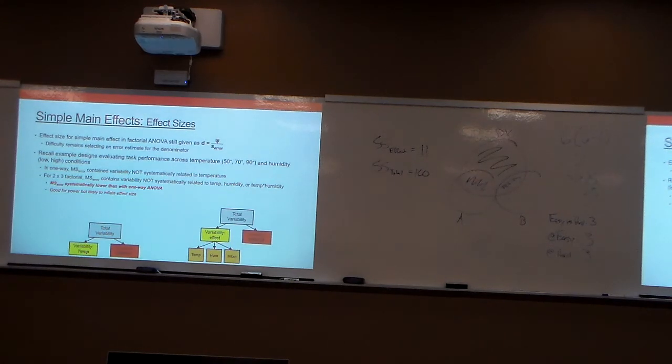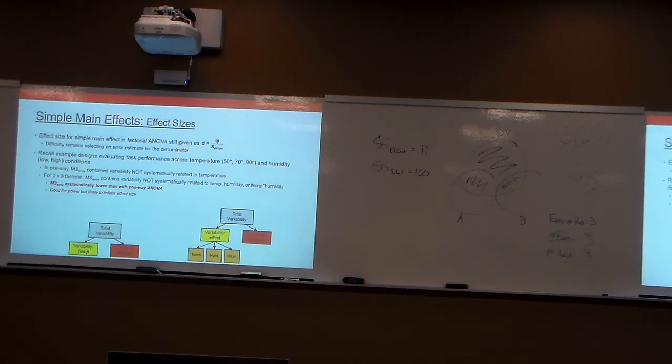The concern is it's great for power, okay? It makes for a more powerful design. But if I'm wanting to calculate effect size, my concern is that I'm going to systematically inflate my estimate of effect, because this error term is getting smaller and smaller, given the more stuff that goes on. Again, remember that we're always concerned with inflated effect sizes within our research.